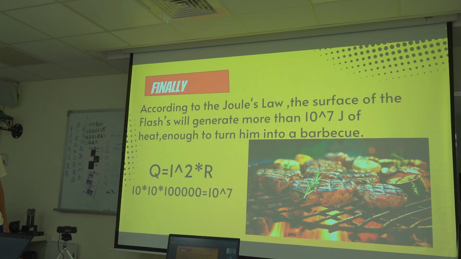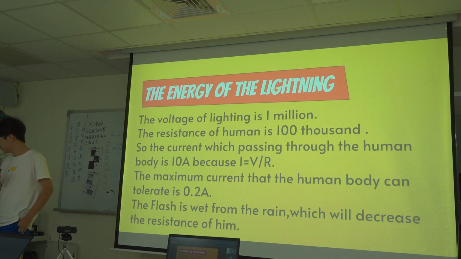R is the resistance. Okay, you finished? Yeah, I finished. What happens to the resistance when he gets wet? Decrease. Yeah, how much? Okay, please calculate the energy when he's wet in your book.